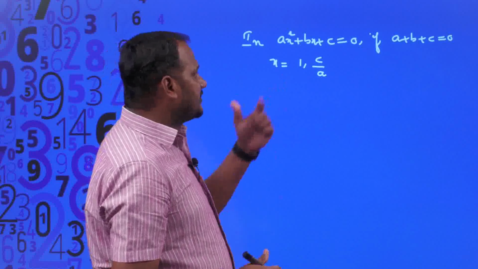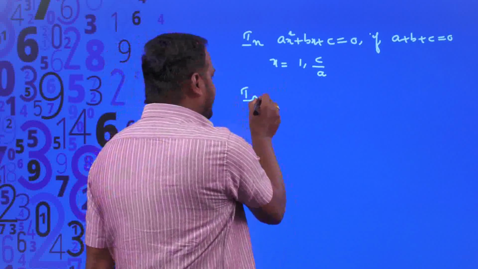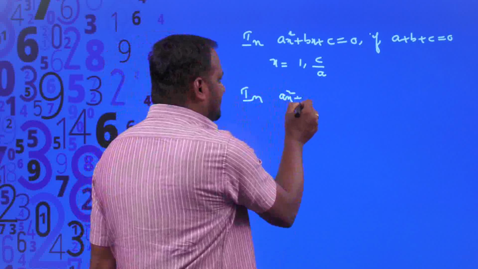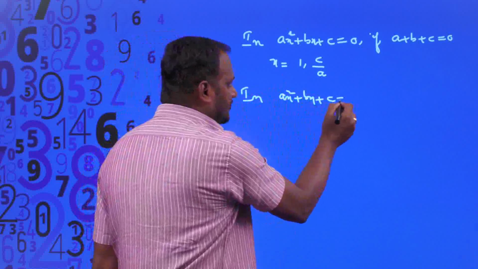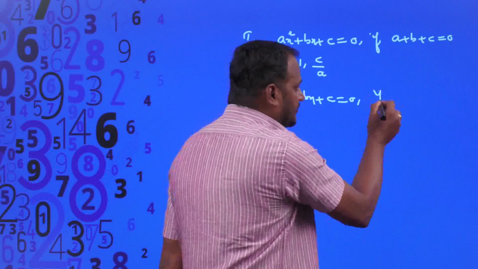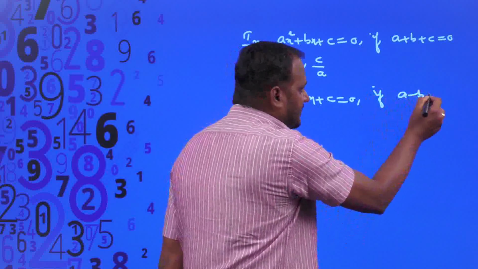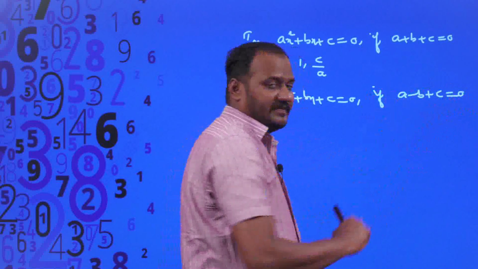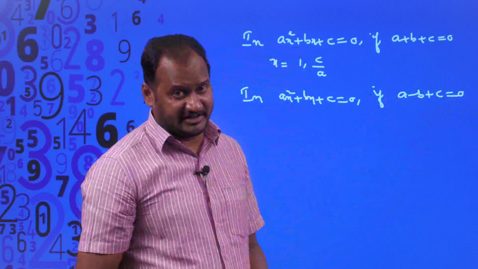Suppose in this quadratic equation ax square plus bx plus c is equal to 0, instead of a plus b plus c is equal to 0, a minus b plus c is equal to 0. Then what will be the roots of the given quadratic equation?